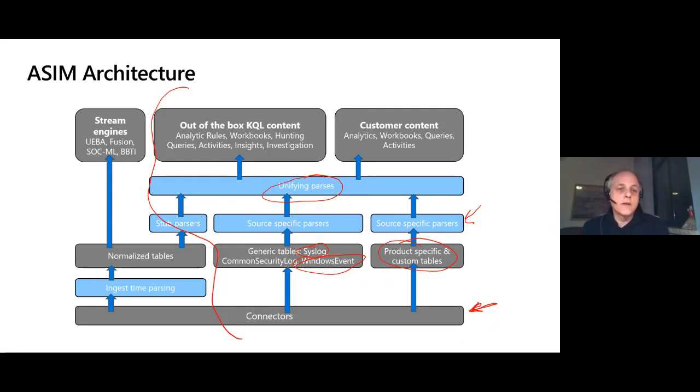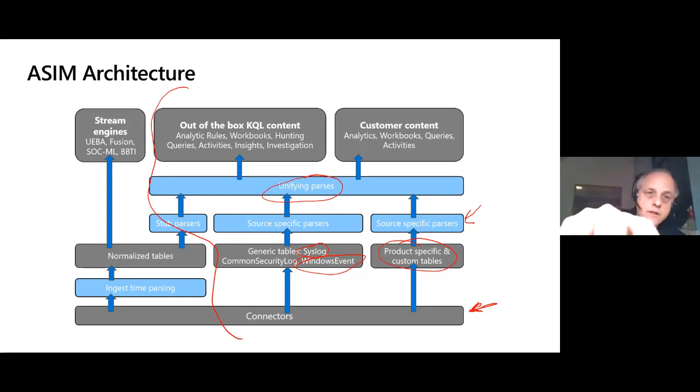And those normalized tables are already stored in the normalized schema. It works for sources where that's what you want to happen, where the whole source gets there. The main advantage is that it's an acceleration. We'll talk about the performance of ASIM later on in the presentation. The advantage of normalized tables is that the data is already normalized, so there is no parser needed.